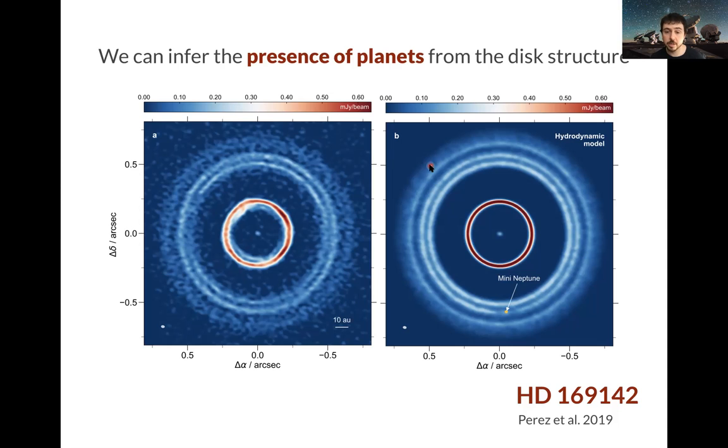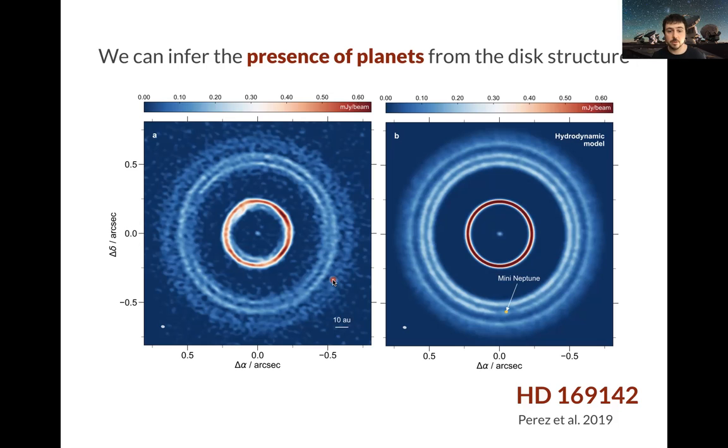This is a hydrodynamic model in which they placed a mini Neptune and let the system evolve for some time. And you see how this planet creates these rings that closely resemble the observation. So by doing this type of analysis, you can also try to infer the presence of planets that you would not be able to detect otherwise.